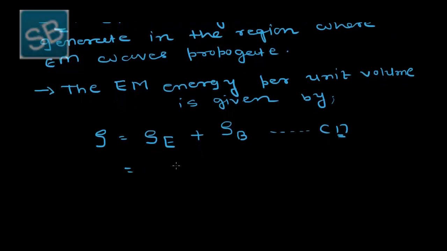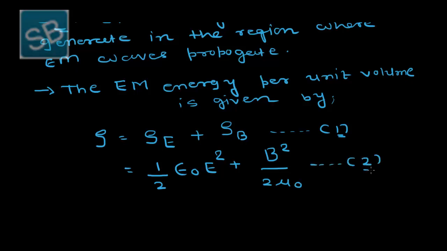The density of the electric field, which we have earlier seen, is very much related to the kinetic energy, 1 by 2 epsilon E square, and the density of the magnetic field is given by B square over 2 mu 0. This is result number 2. And here rho is the energy density associated with the electric field and this is associated with the magnetic field.